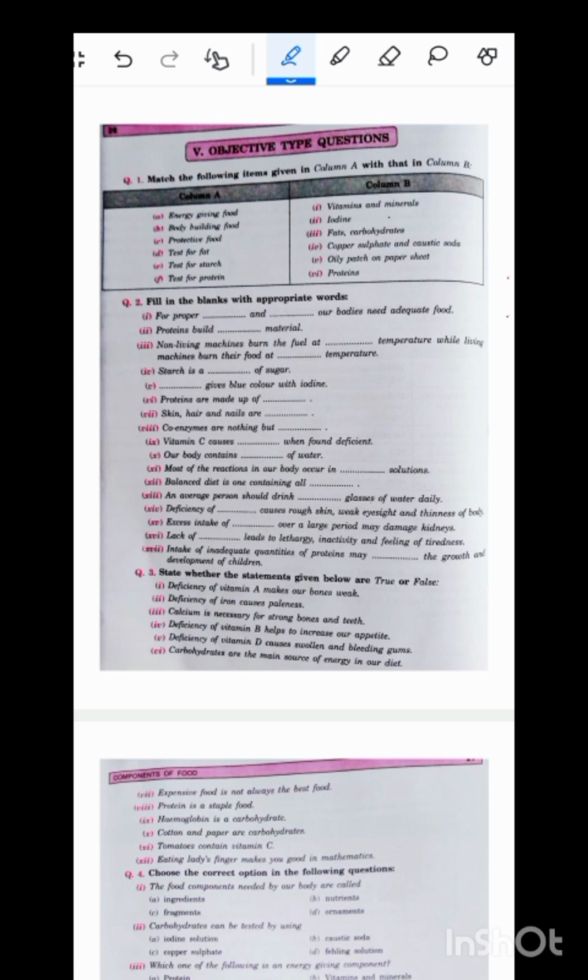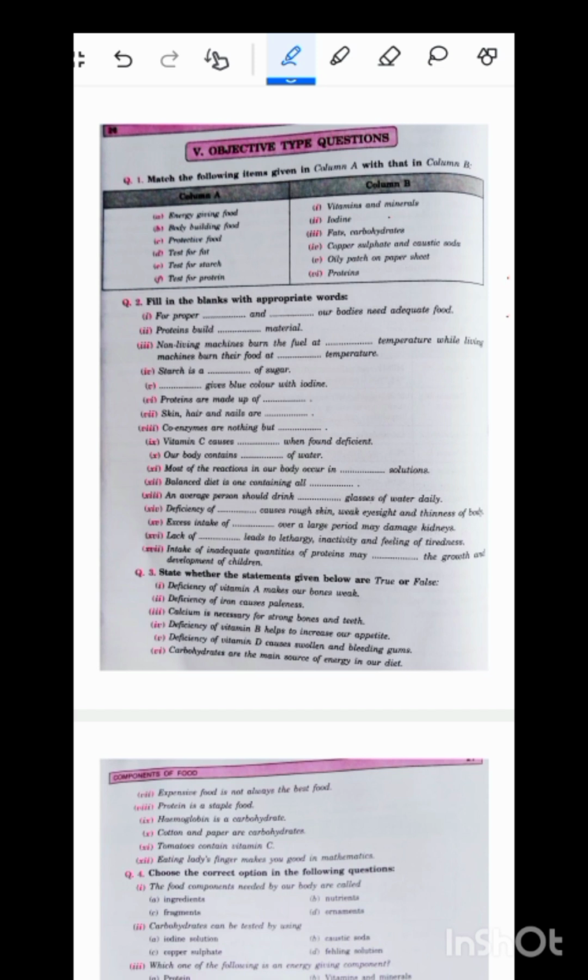Deficiency of which causes rough skin, weak eyesight and thinness of body? It would be protein. Then excess intake of dash over a large period may cause kidney damage. Option is carbohydrate. Lack of dash leads to lethargy, inactivity and feeling of tiredness. It is fat.